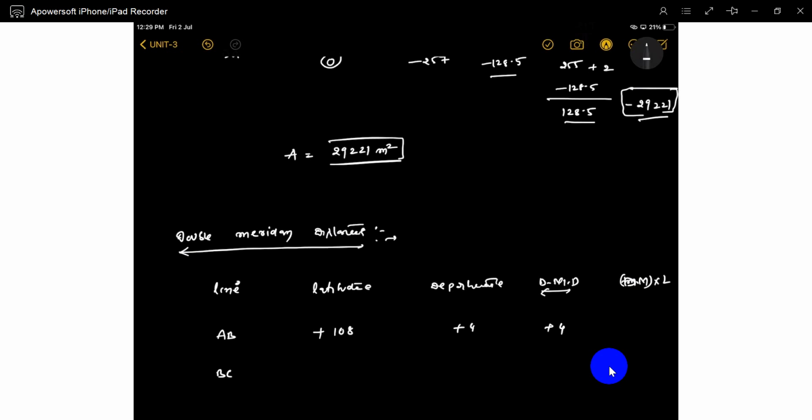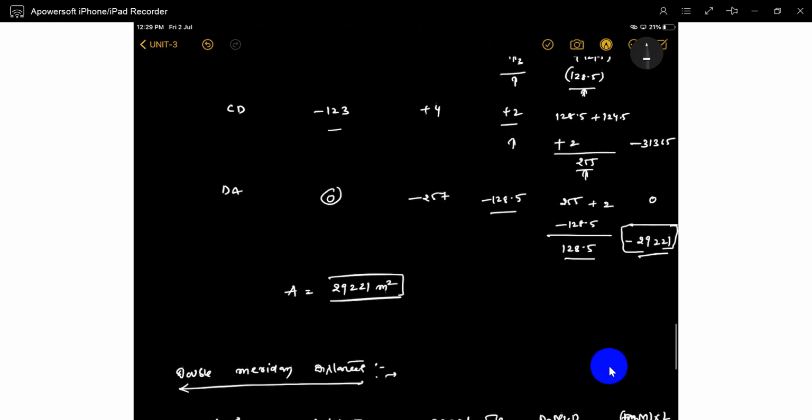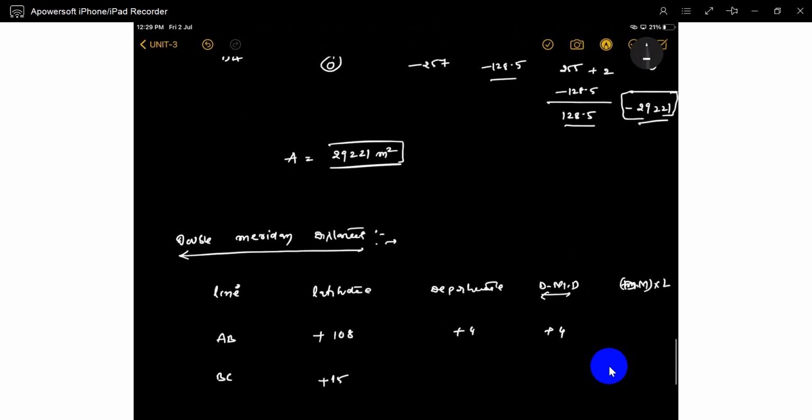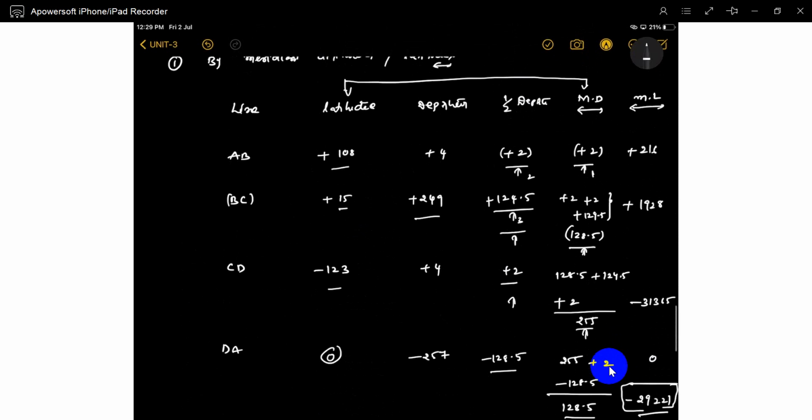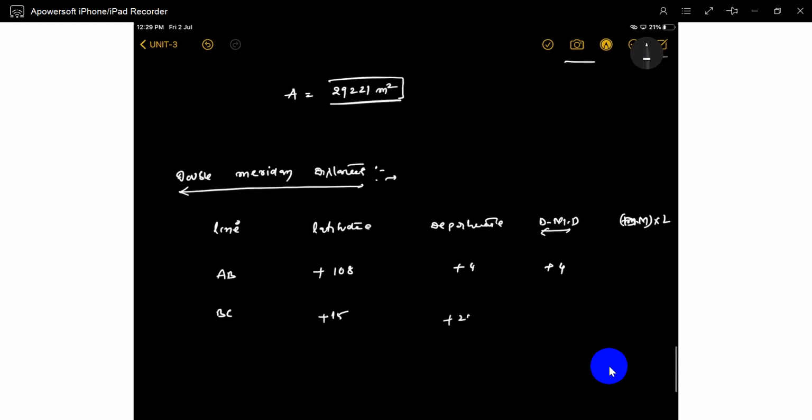So BC. Latitude is 15. So departure is 249, plus 249. So the DMD is the same thing: the DMD of the previous line plus the departure of the previous line plus the departure of the line itself. Understood?